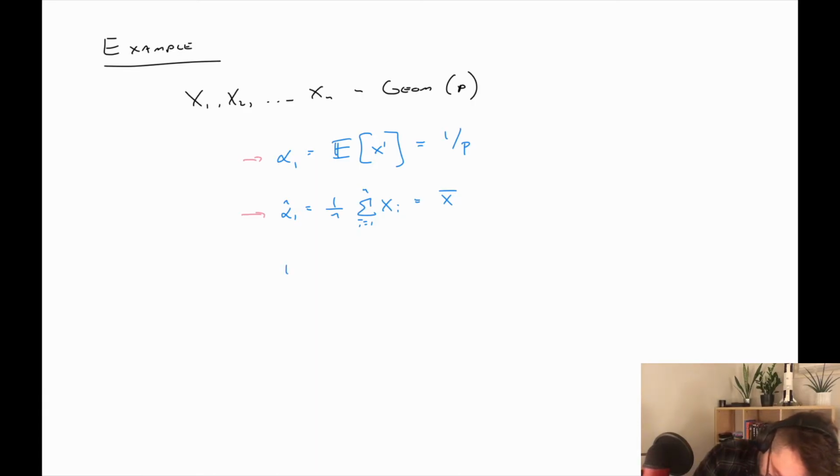So I say 1 over p is equal to x bar. And then the p there is the method of moments estimator. I just need to solve. So I get p hat is 1 over x bar. And this is the method of moments estimator.